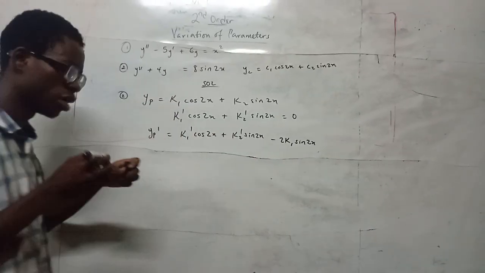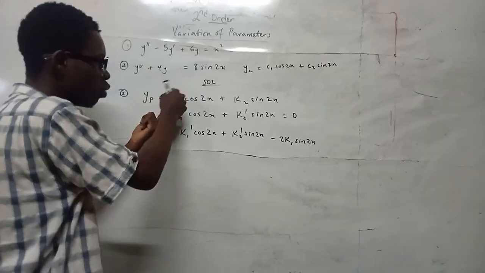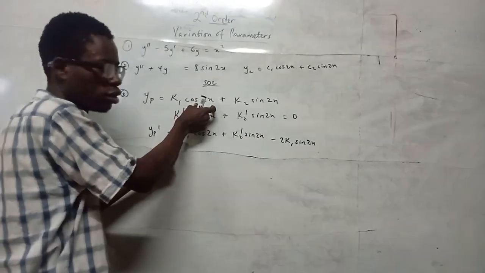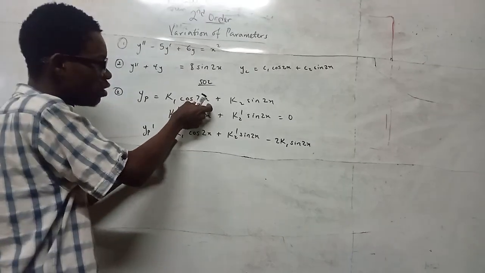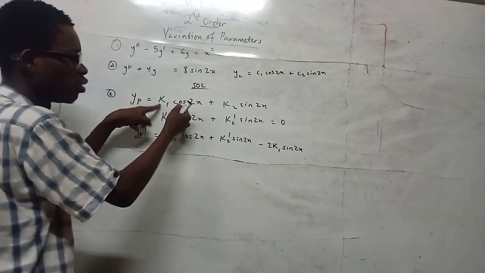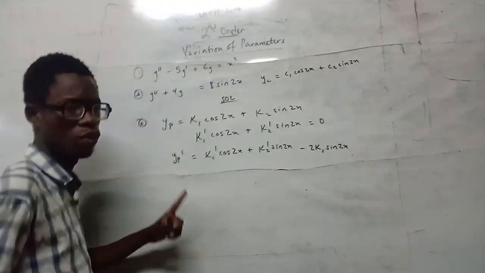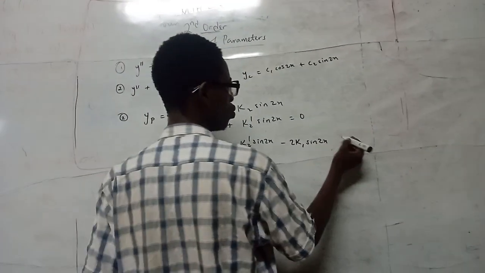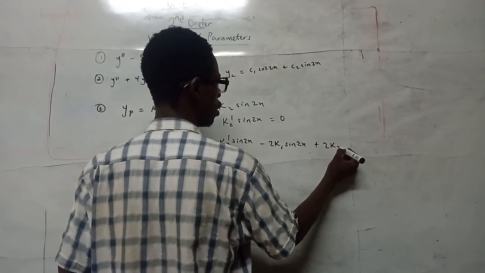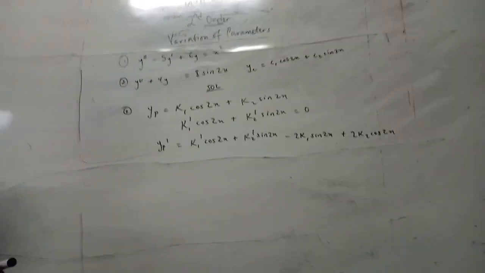Don't forget, since k1 is a function of x, I use the product rule. You differentiate it the first time, k1 is the one differentiated and we leave the trig part. Now the second derivative, we differentiate the trig part and leave k1. Differentiate cos 2x, you get minus 2 sine 2x, and we leave k1. Now let's differentiate the second one. We are going to get plus 2k2 cos 2x. Right? So we have differentiated this.